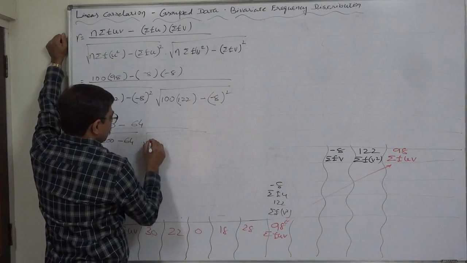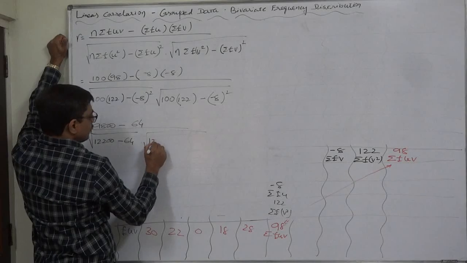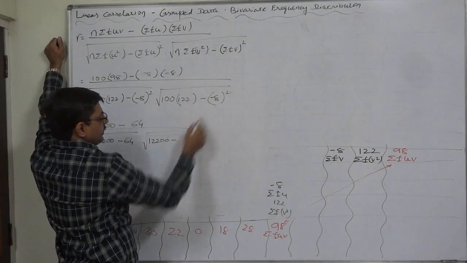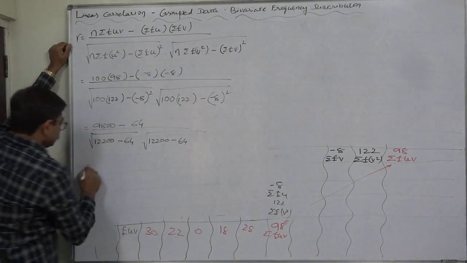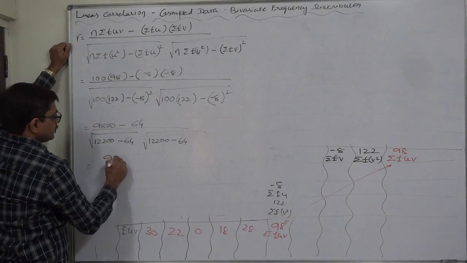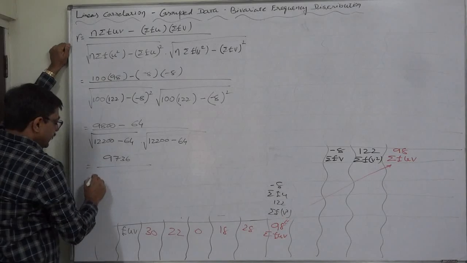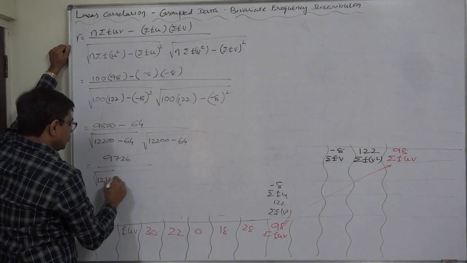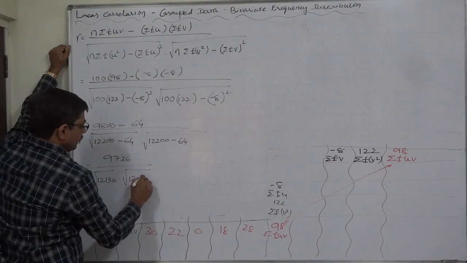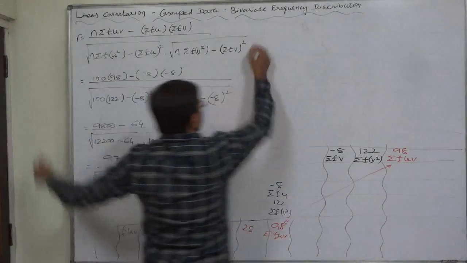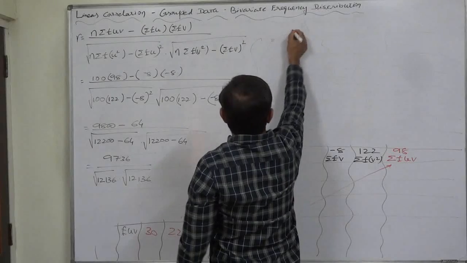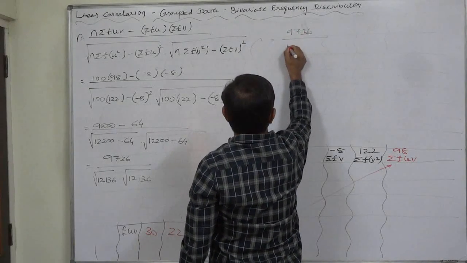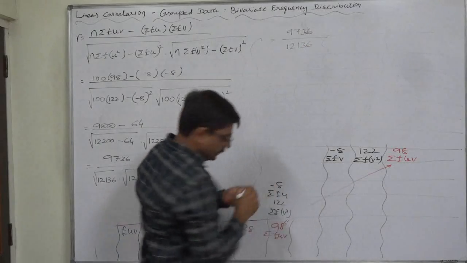Into under root 100 into 122, 12,200, minus according to the formula, minus 8 square is 64. So it is 9,736 divided by under root 12,136 into under root 12,136. So ultimately it is 9,736 divided by 12,136.